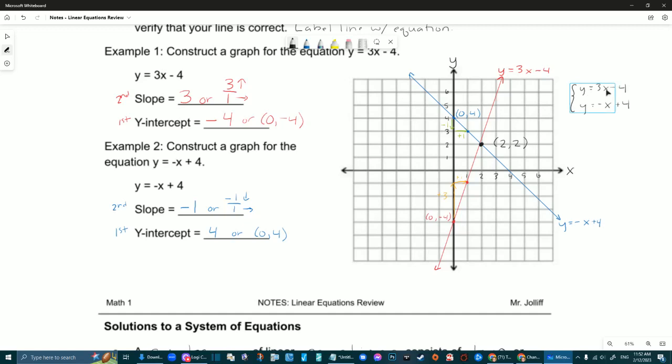So putting an input of 2 gives us an output of 2, which is exactly what this ordered pair shows us. If we do the same for the second equation, I plug in 2 for x, minus 2 plus 4 is plus 2, which is exactly our output. So input of 2, output of 2. So that point makes both equations true.